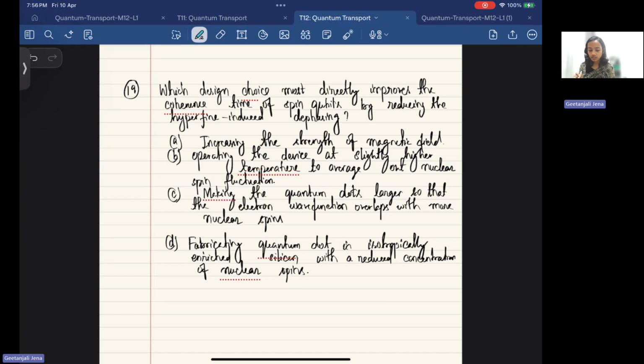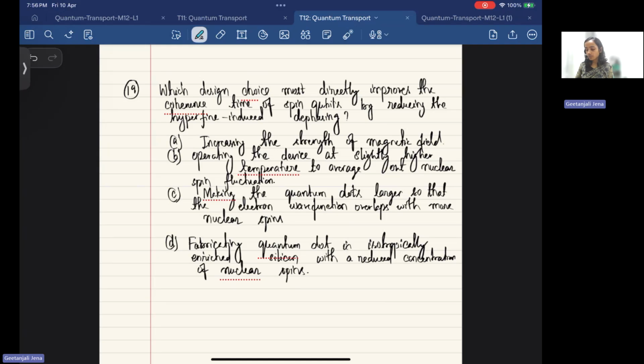Question number 19. Which design choice most directly improves the coherence time of spin qubits by reducing the hyperfine induced dephasing? Option A, increasing the strength of the magnetic field. Option B, operating the device at slightly higher temperature to average out the nuclear spin fluctuation. Option C, making the quantum dots larger so that the electron wave function overlaps with more nuclear spins.